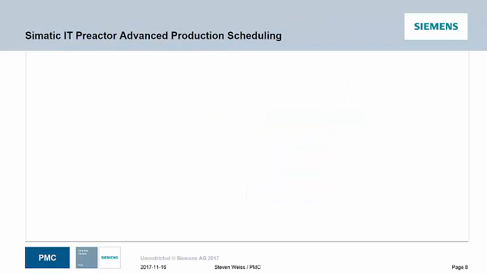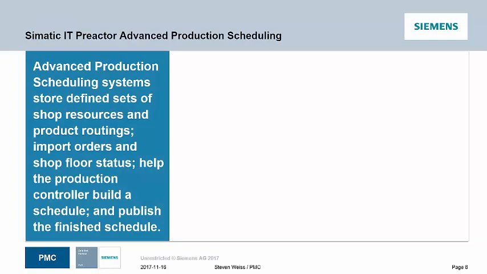The Simatic IT Preactor Advanced Production Scheduling Solution is a system which stores defined sets of shop resources and product routings. It imports orders, it imports shop floor status from the surrounding supporting systems. And with that information, it can help the production controller build a schedule and then publish that finished schedule.